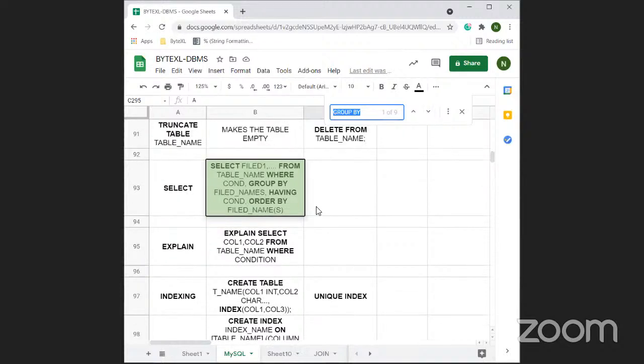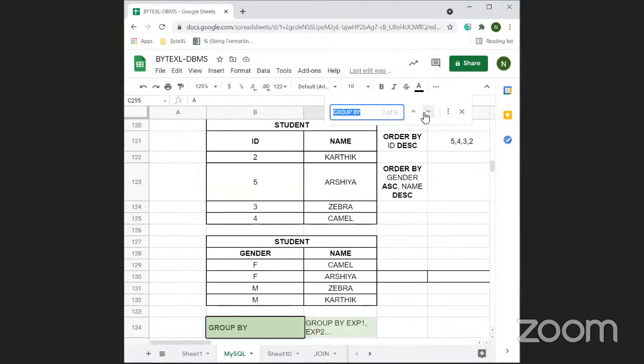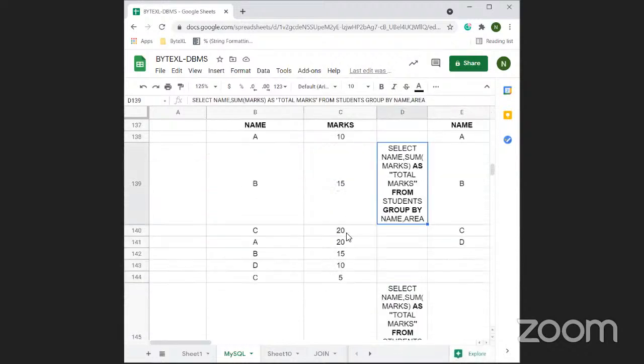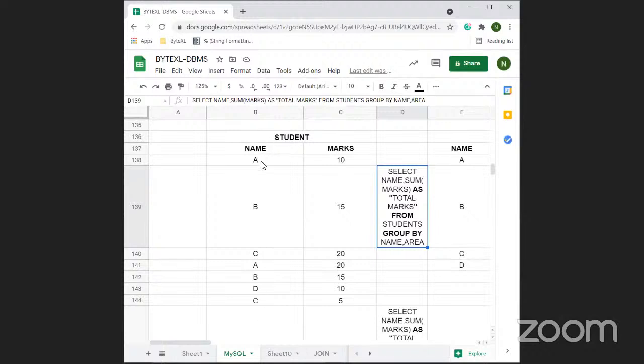This is the exact syntax where we can use group by. So imagine we have a table like this. Names are repeated. So select name.